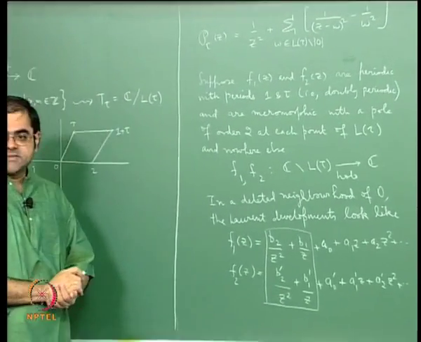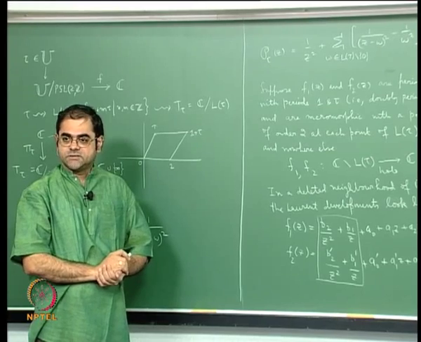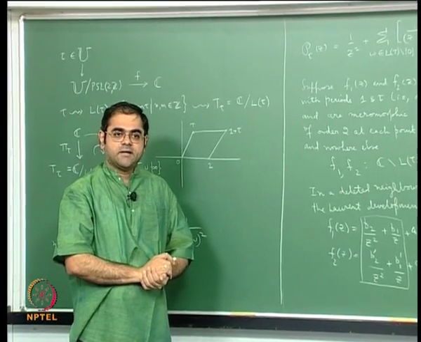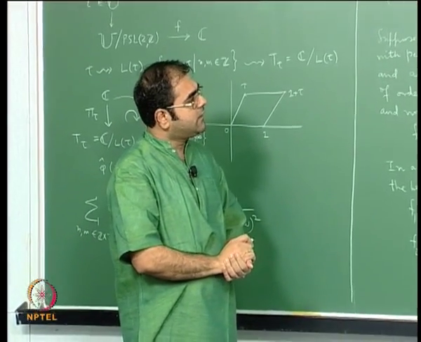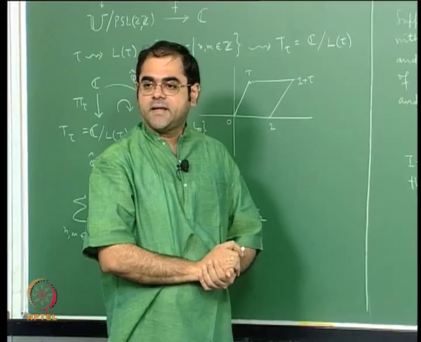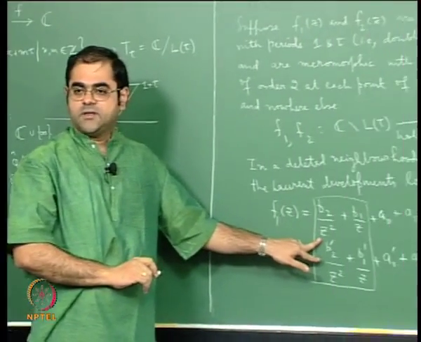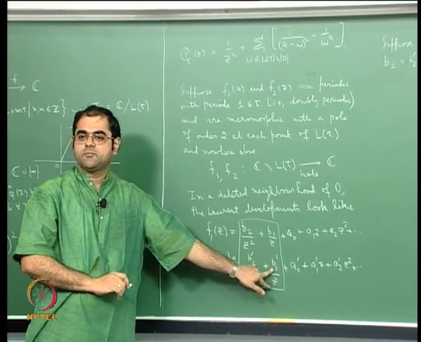So this is the first normalization condition, that is you take the elliptic function and look at the Laurent development at the origin and insist that the singular part contains only z to the minus 2 with coefficient 1, and in particular it means I am setting b1 and b1 prime to be 0.